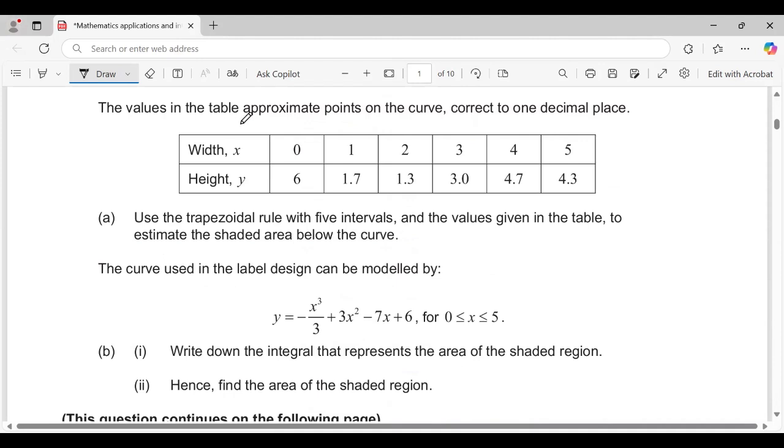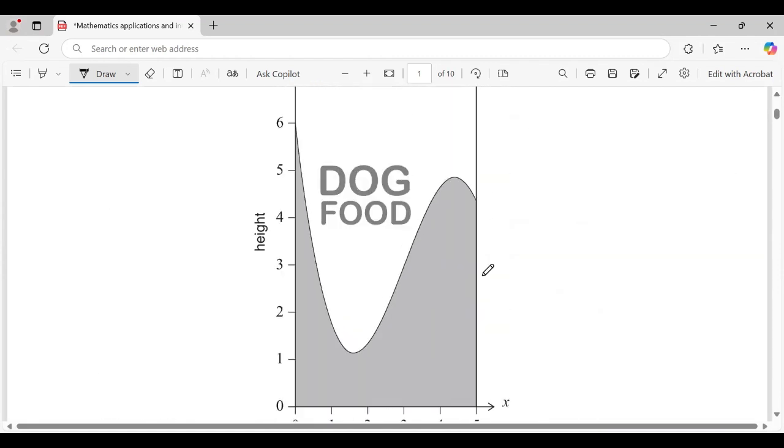The values in the table approximate points on the curve correct to one decimal place. This is the table. Use the trapezoidal rule with 5 intervals and the values given in the table to estimate the shaded area below the curve. This is the shaded area.